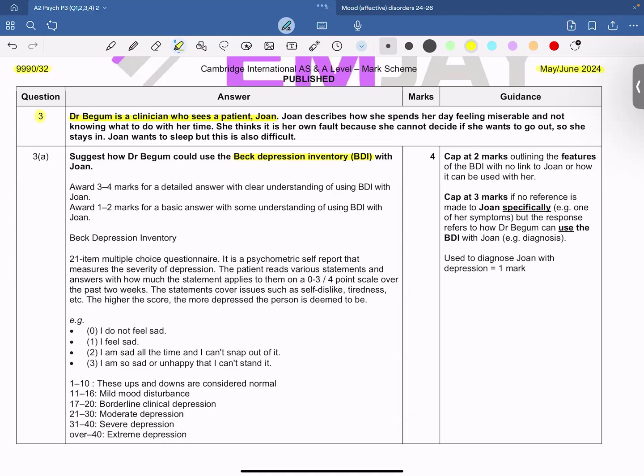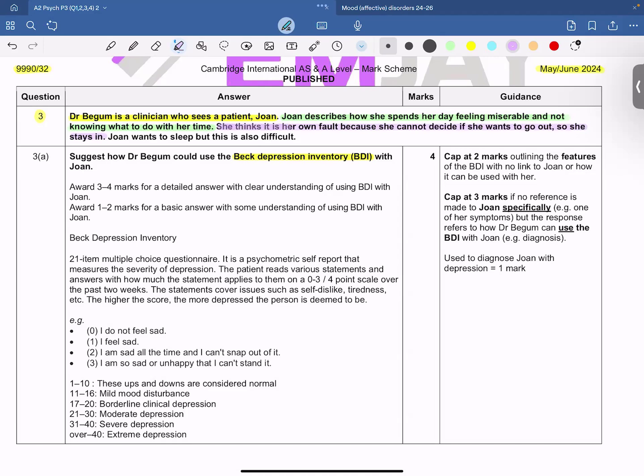Joan describes how she spends her day feeling miserable and not knowing what to do with her time. So, this patient spends her day feeling miserable and does not know what to do with her time. She thinks it is her own fault because she cannot decide if she wants to go out, so she stays in.